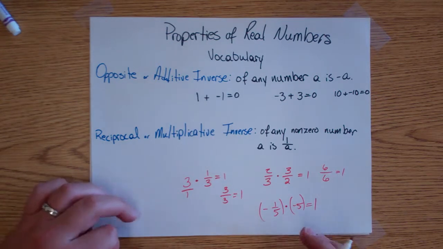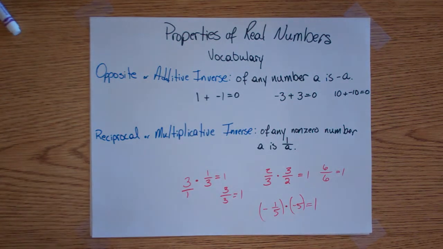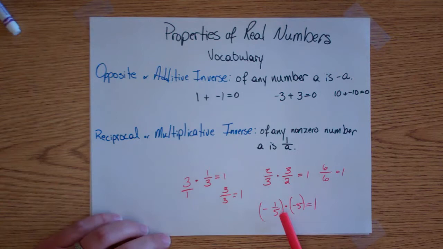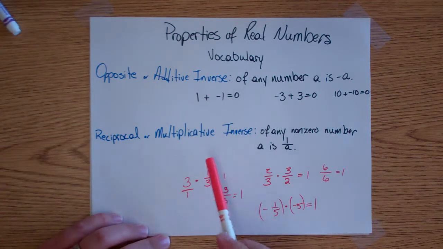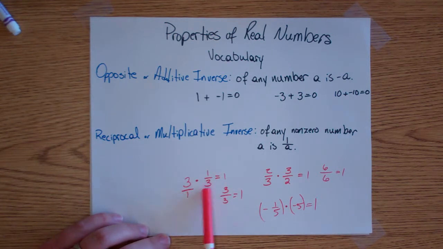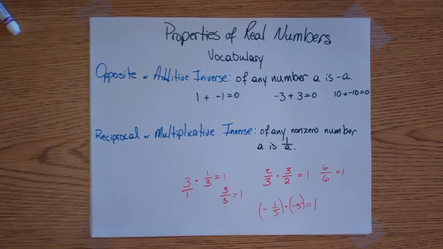Negative 1/5 times negative 5 is 1. So they can be positive or they can be negative. Opposite or additive inverse, you're going to have one of each. Multiplicative inverse, they're going to have the same sign because they have to multiply to give you 1. All right?